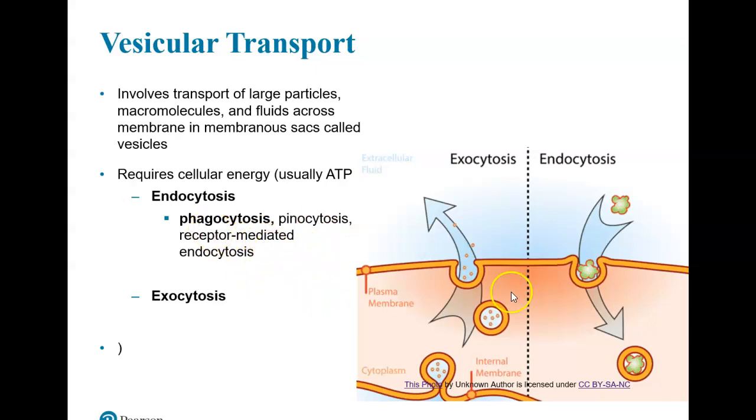That means that in order for the cell to bring something in, there has to be a receptor that's activated first. And then exocytosis just means taking components out of the cell. It forms vesicles within the cell, and then the vesicle travels to the cell membrane, and there the contents are released.